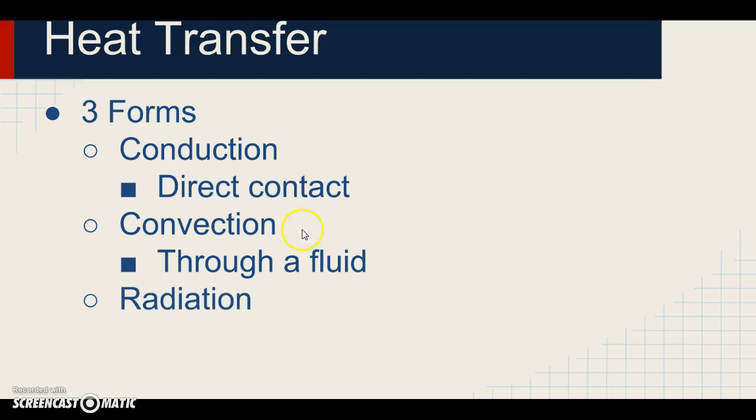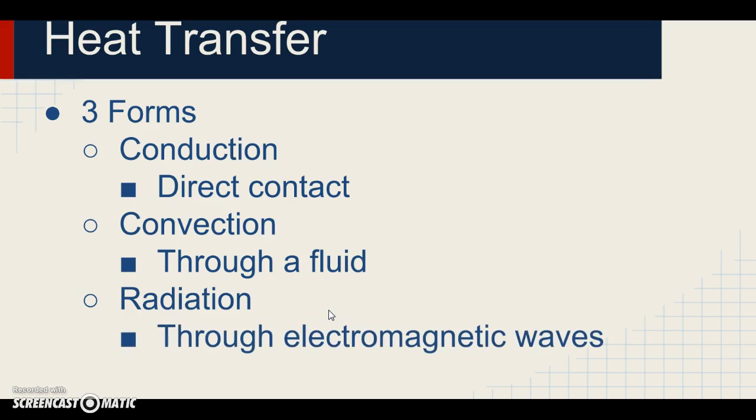We've also got radiation as a form of heat transfer. Radiation is going to be heat being transferred through electromagnetic waves. So you can probably think of a very common example of radiation heat transfer, a cooking device in your kitchen, a microwave oven.